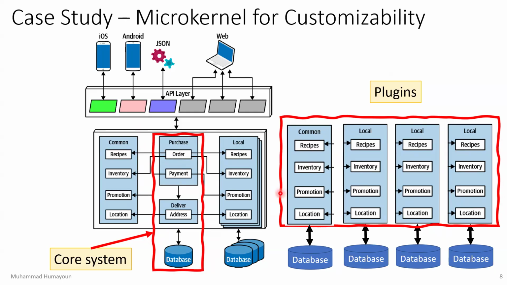Through these plugins, you provide the bare bone common recipes, inventory, promotion, locations, and then one for South Asia, one for Middle East, one for Scandinavia, you can provide specific recipes, inventories, promotions, locations to those countries and regions.